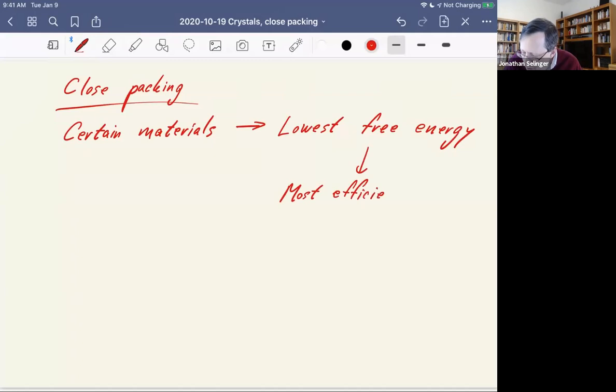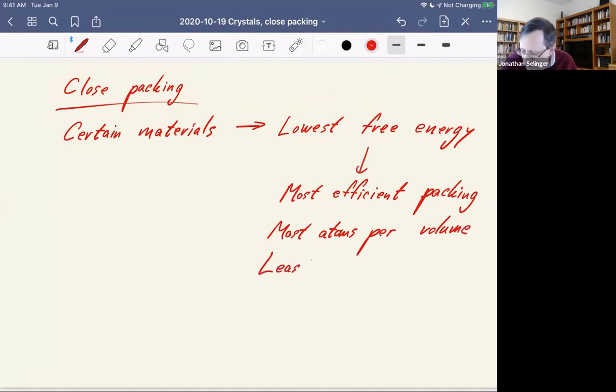That is, to the packing which gets the most number of atoms per volume. So we'll say the most atoms per volume, the least wasted space.